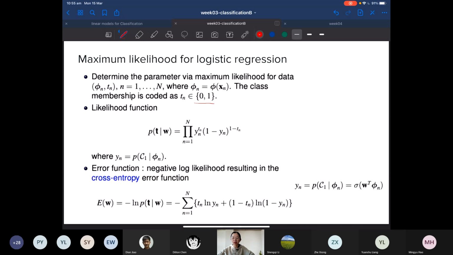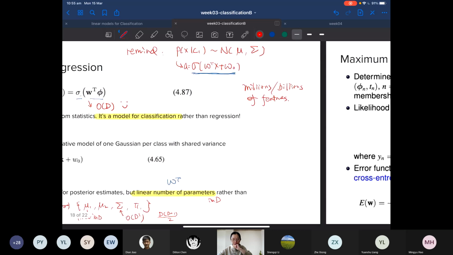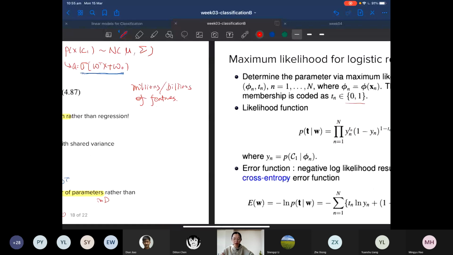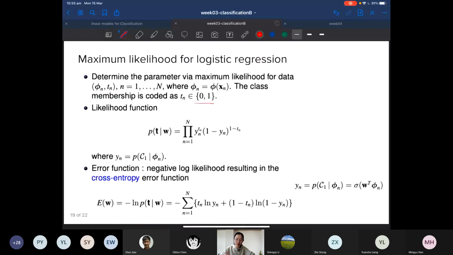As we have seen a few times by now, the likelihood of this kind of model with binary output is essentially yn raised to the power of tn times 1 minus yn raised to the power of 1 minus tn. This acts as a selection between two classes, where yn is the thing on the previous page. Right, so let's just write it out: sigma of W transpose phi.